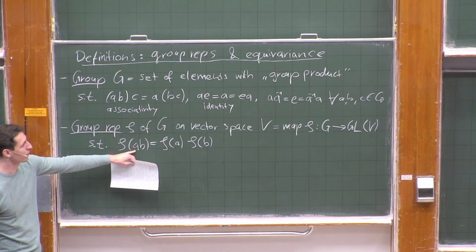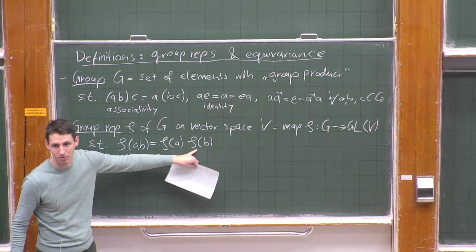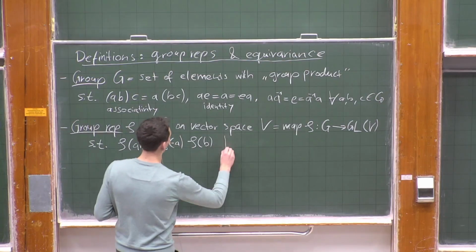So in here we have the group product, the product between A and B, and then in this space, the product between these two objects would be the matrix product. This should hold for all elements.